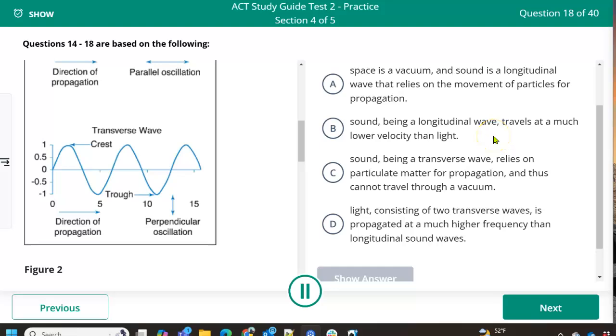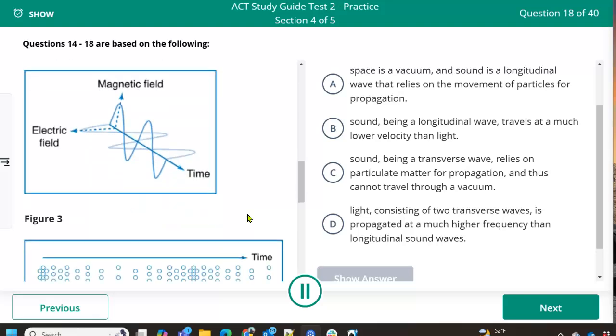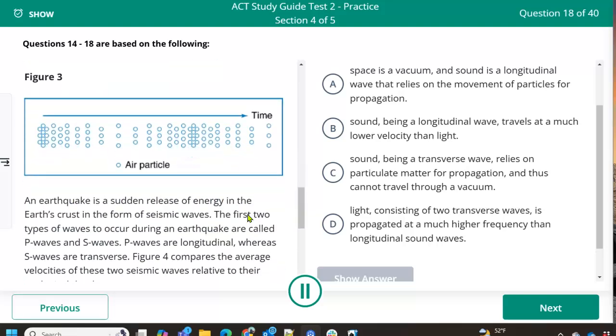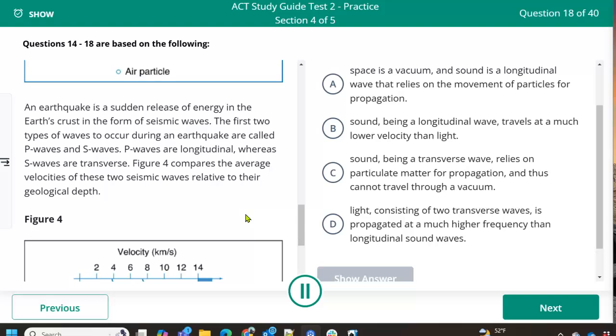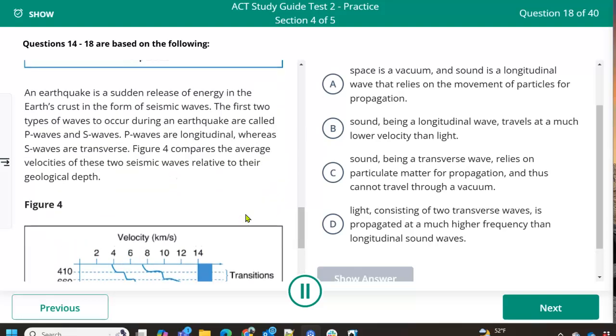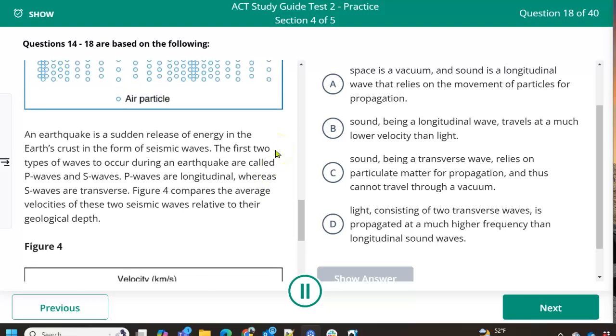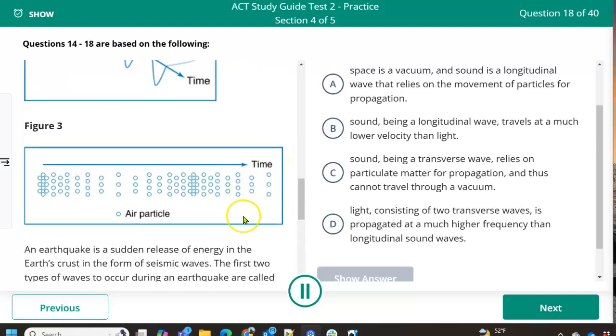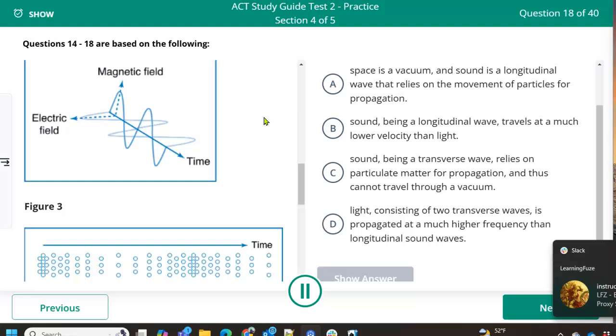Sound travels at a much lower velocity than light. I didn't see anything in here that says that. I mean, it does travel at a lower velocity than light, but I don't see that in here, that it travels at a much lower velocity than light.